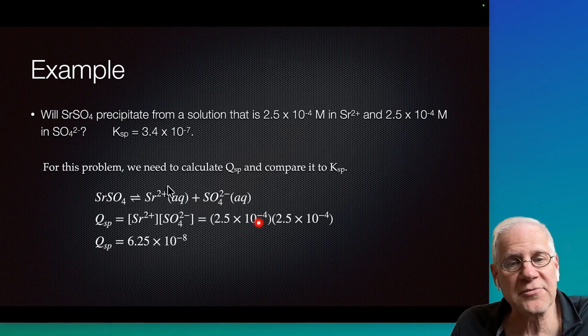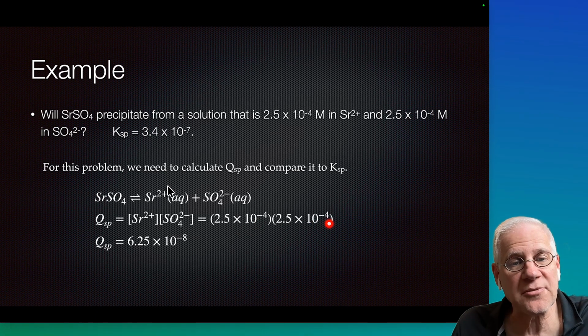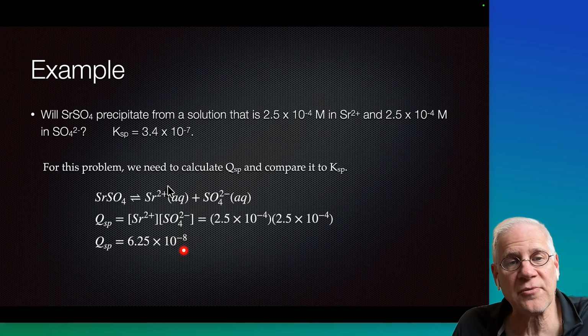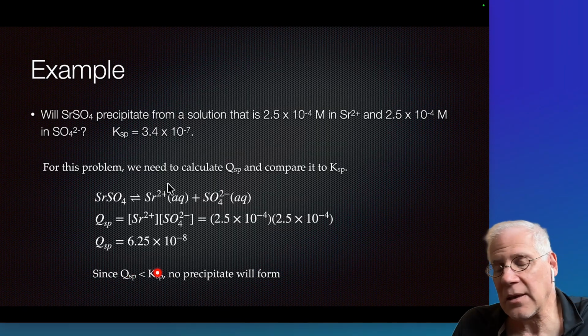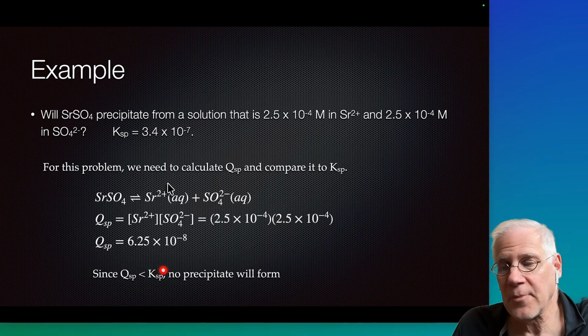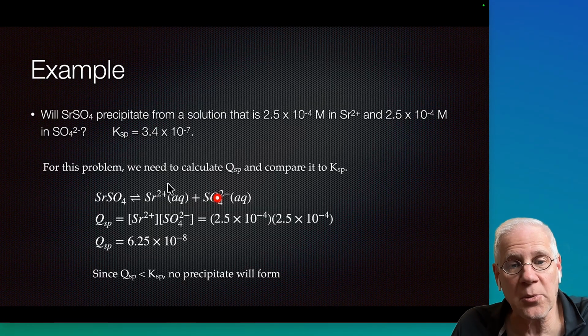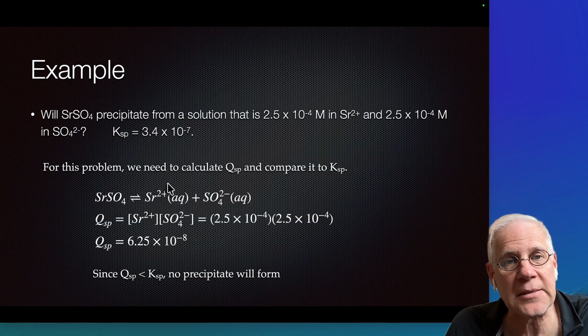So I have 2.5 times 10 to the minus 4 for my strontium, 2.5 times 10 to the minus 4 for my sulfate. When I multiply this together, I get 6.25 times 10 to the minus 8. And what I see is that my QSP is less than my KSP. So even though strontium and sulfate want to form a precipitate, my solution is not yet saturated, and so I will not get a precipitate in this case.